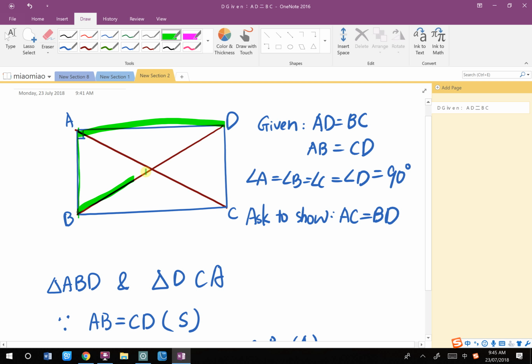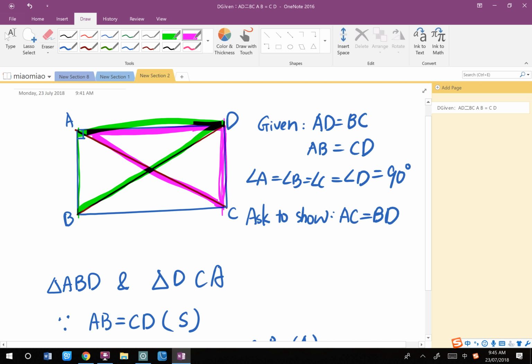This green triangle, and the other one is this one. So what I use is AB equals DC, and then see the green line and the pink line, AD equals DA, they are the same. And also the included angle is the same, which is 90 degrees. In between this line and this line, the angle is 90.